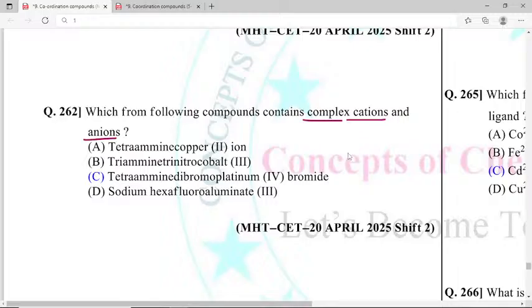Cationic complex should be there. The name ending with ate stands for anionic. So this is not your answer. This is tetraamminedibromoplatinum bromide. Bromide is outside with negative charge, so this is positive charge here, cation.